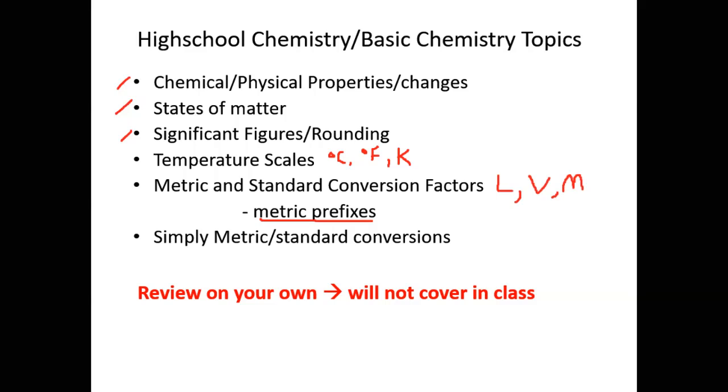Additionally, you should know 12 inches in a foot, 3 feet in a yard, how many quarts in a gallon, cups in a pint, pints in a quart, and ounces in a pound, because these are things we use on a daily basis.